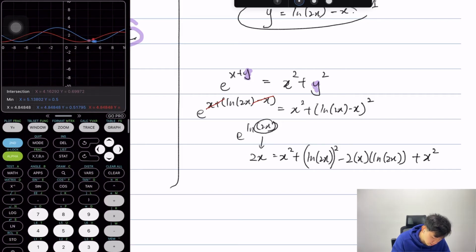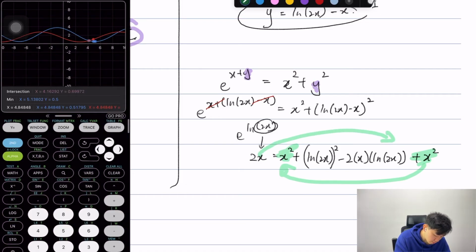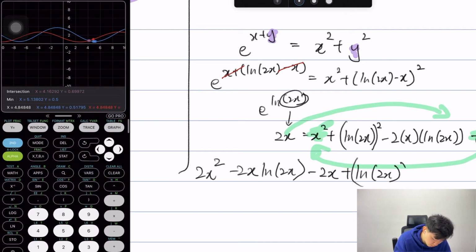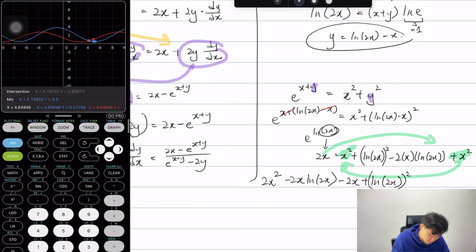Then you group the like terms together, where the like terms are x squared and x squared, and move this one over. So you write it as 2x squared minus 2x natural log of 2x minus 2x plus natural log of 2x whole squared, equals 0.